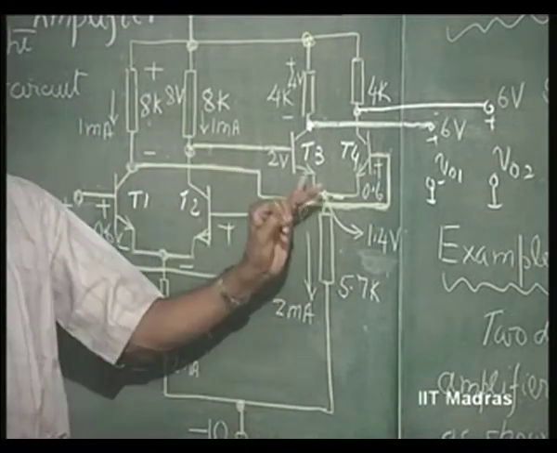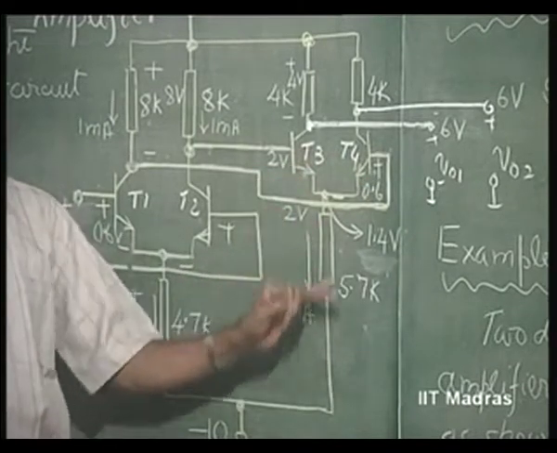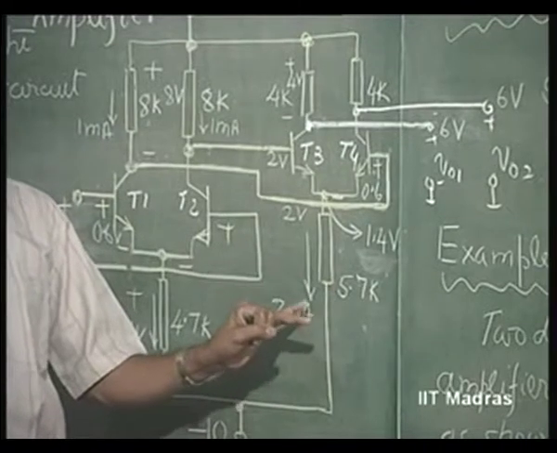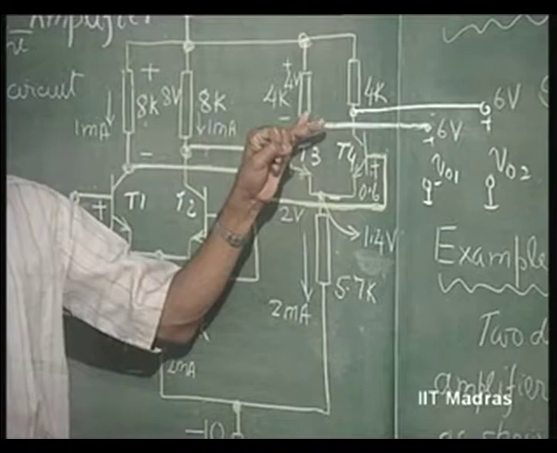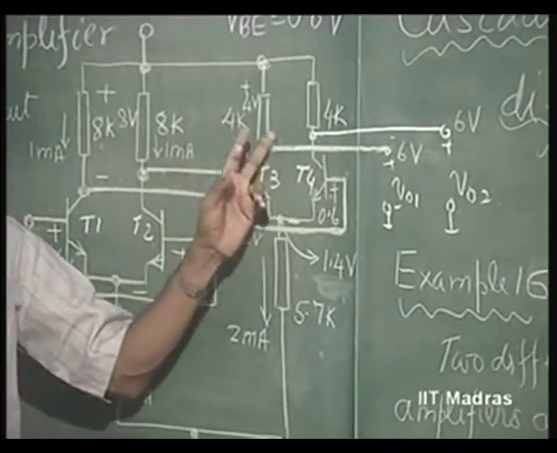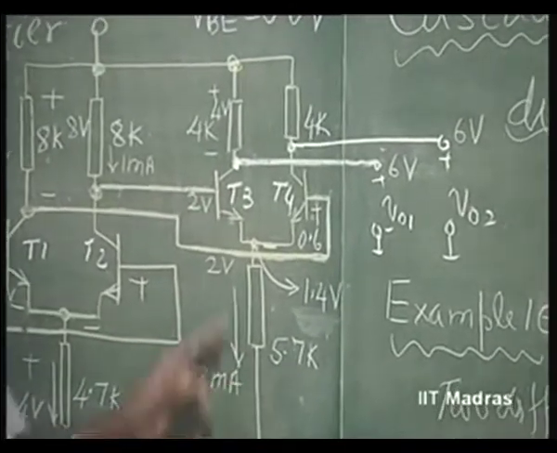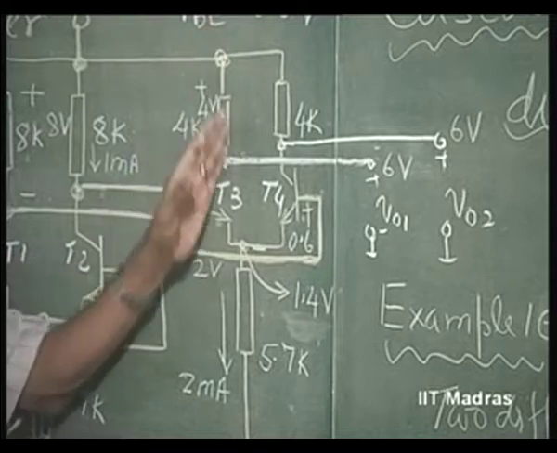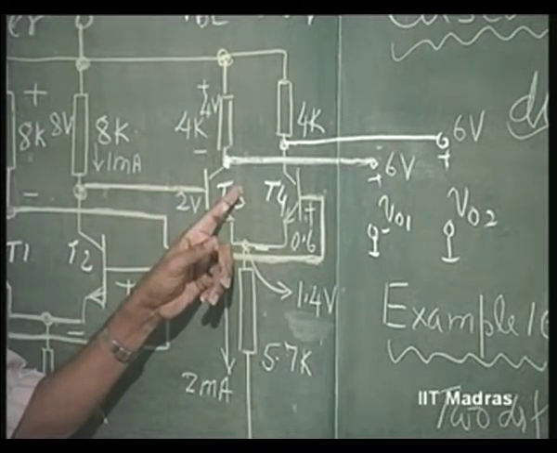On the other hand, in these operational amplifiers, the transistors are operating at a current of 2 milliamperes. So, the swing strictly possible for this differential amplifier is, well, how much is it? This I naught can completely flow through this, and therefore, there will be a drop of 8 volts here.